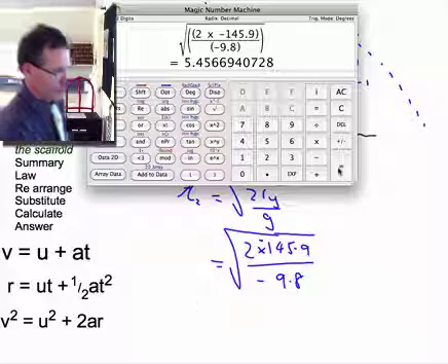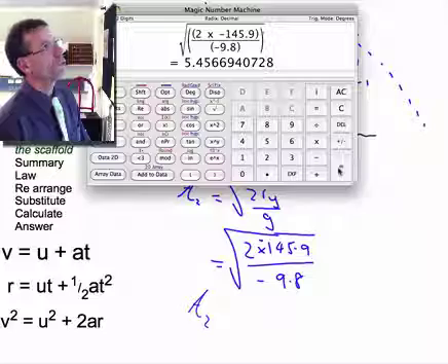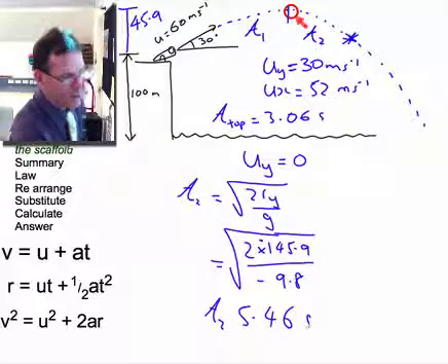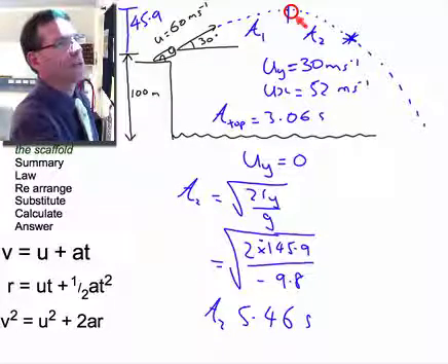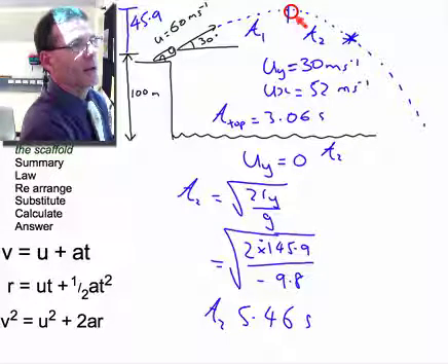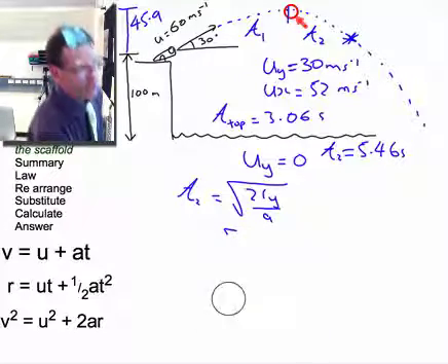So t2 is 5.46 seconds. Now, the time at the top was 3.06. See how the second time is actually longer than that? It's 5.46 seconds. Whew, that's a lot of working out to be done in this one.